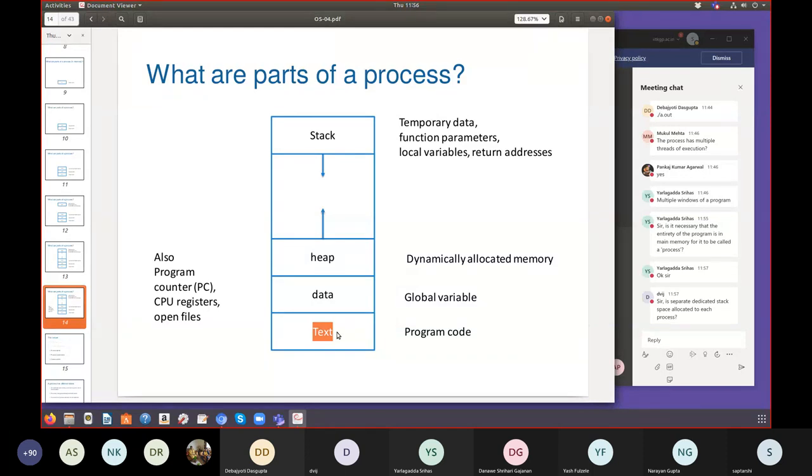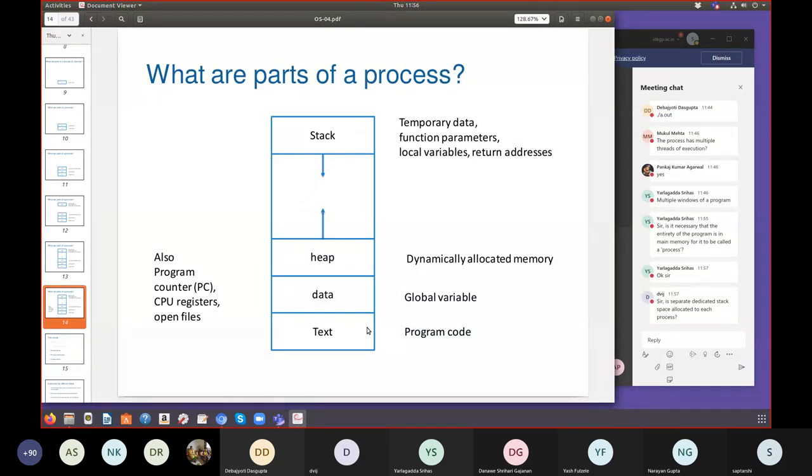So this text portion will be the same for all of them possibly. The other portions would be different because every instance has its own data, etc. I'm not saying it's shared or something, but what I'm saying is the contents may be the same for many processes in this text portion if they are running the same program.